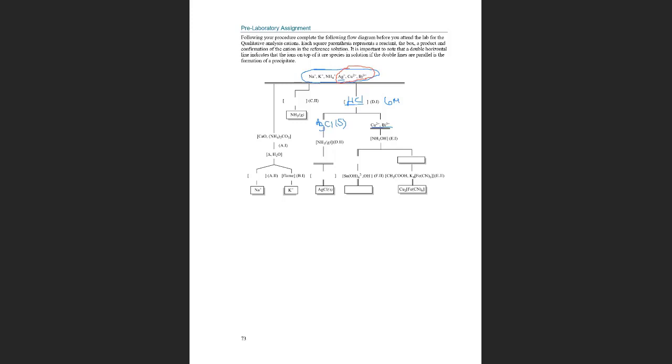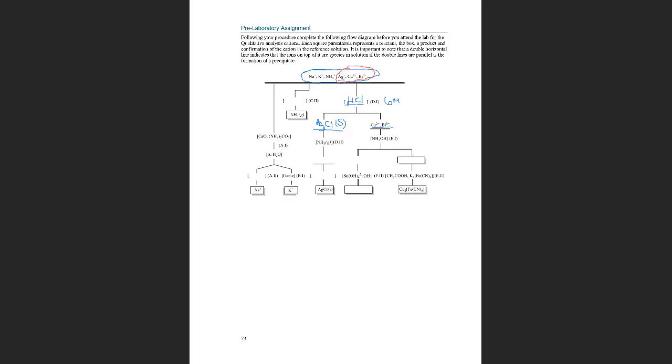When you centrifuge, like you spin it like your washing machine, you separate the solid from the liquid. The solid stays in the bottom and the liquid stays up, and you can decant, and the precipitate of silver chloride stays at the bottom.